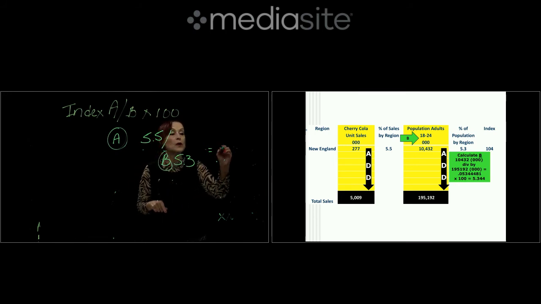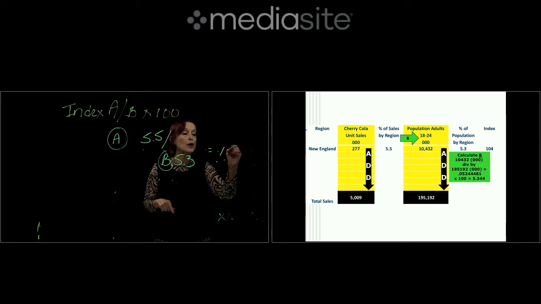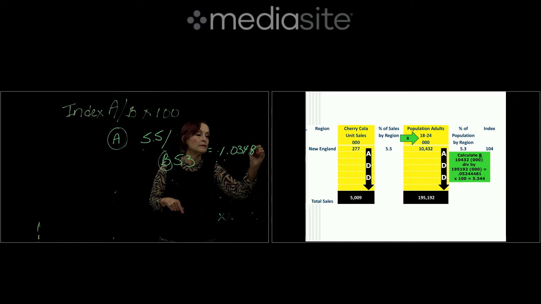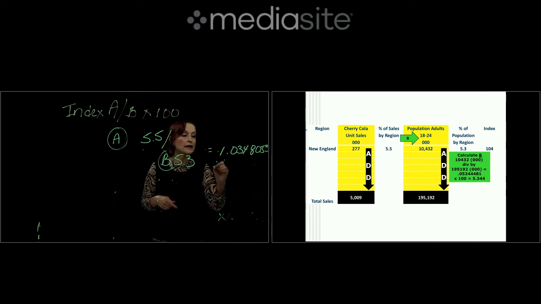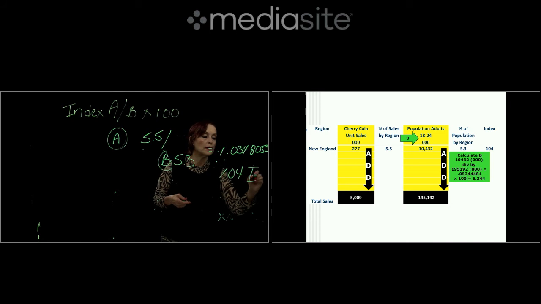It gives you approximately 1.03480539. So when you do the multiplication, it gives you approximately a 104 index.